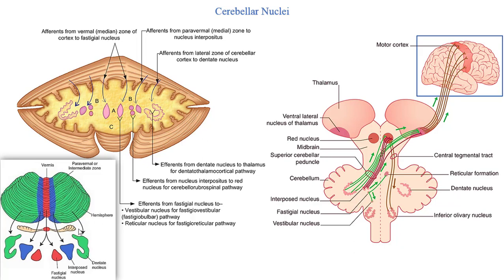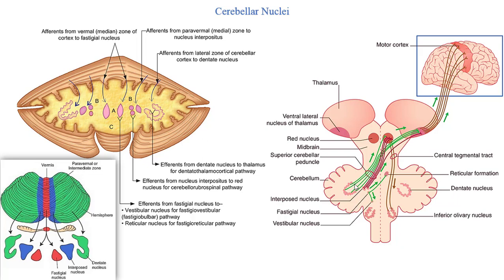It's found within the lateral zones of the cerebellum, so it belongs to neocerebellum and receives afferents from it. Its shape is like a crumpled purse with the hilum directed ventromedially, and its interior is filled with white matter consisting of efferent fibers forming most of the superior cerebellar peduncle.